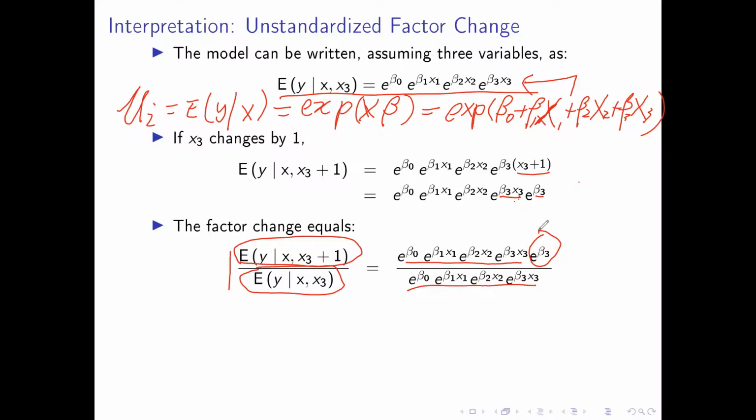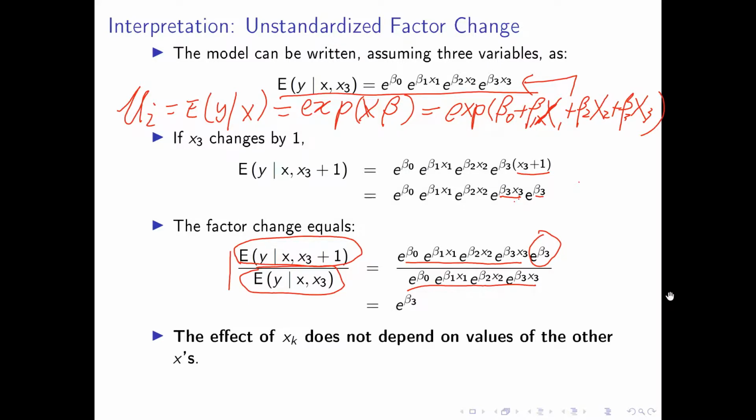So after we take that ratio, what's going to happen? Well, we take a ratio and we get this extra term here. Once we take a ratio of these two expected counts, we get e raised to the power of beta 3.